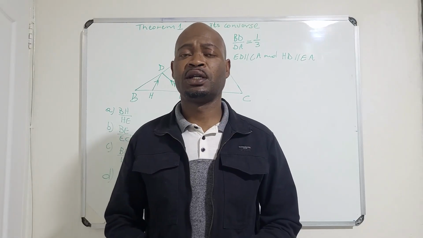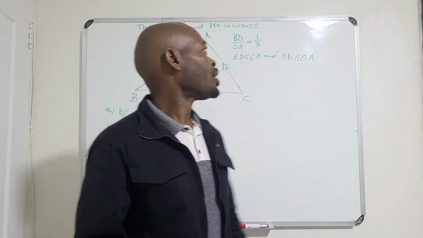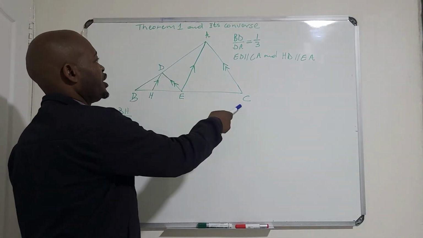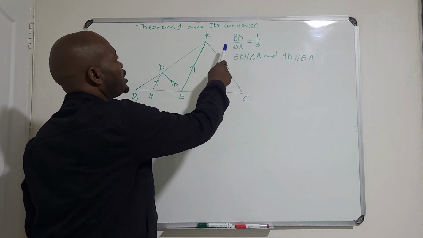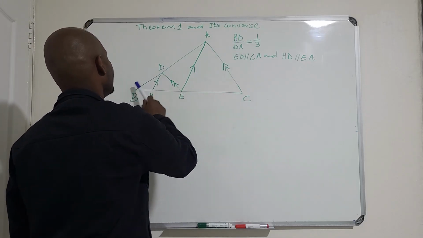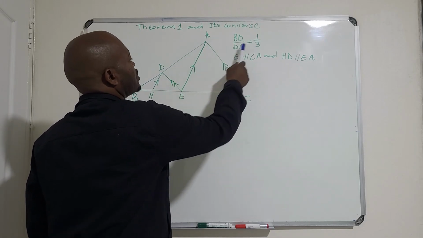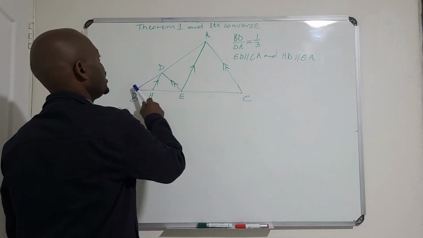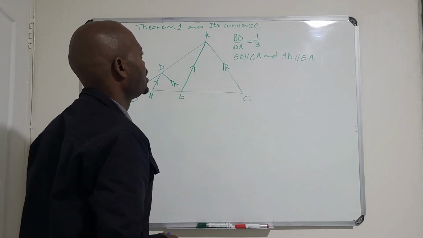Now, let's do another example on theorem number 1 and its converse. In triangle ABC, we have BD over DA equals 1 over 3.